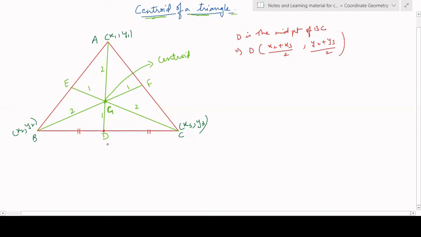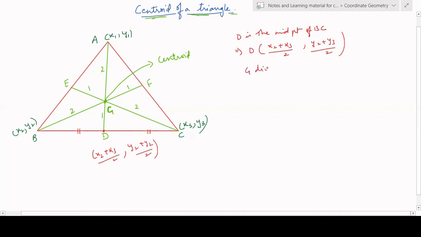So this point D has the coordinates x2 plus x3 divided by 2, and y2 plus y3 divided by 2. Now let's focus on AD.